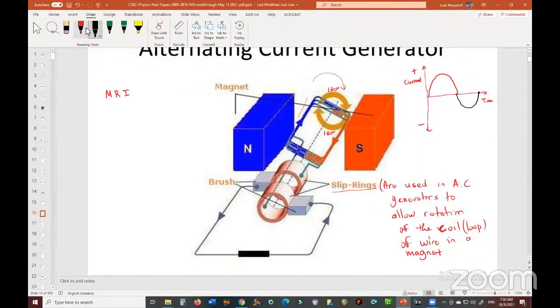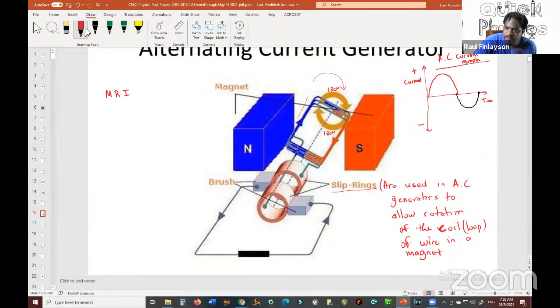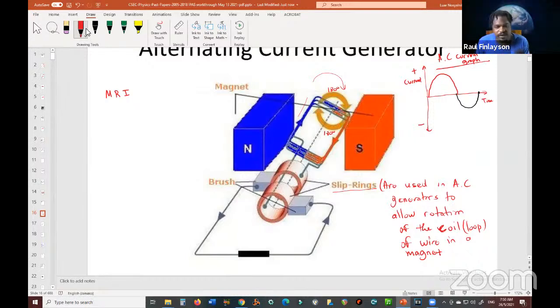So this is the AC current graph. Positive and negative, North and South Pole facing. That's what causes it.